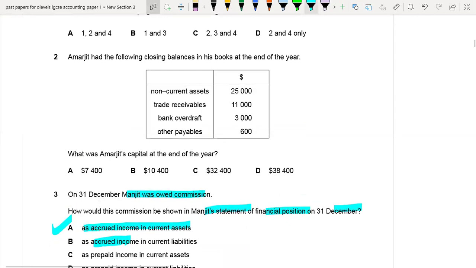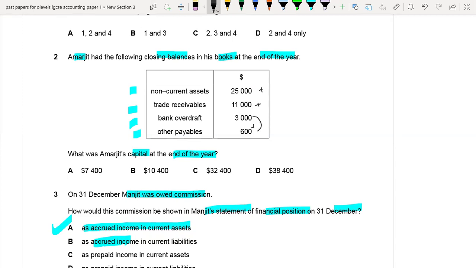Question number 2. Amarjeet had the following closing balances in his books at the end of the financial year. What was Amarjeet's capital at the end of the year? The formula is the same: assets minus liabilities. Assets are 25,000 plus 11,000 plus 3,000 plus 6,600.